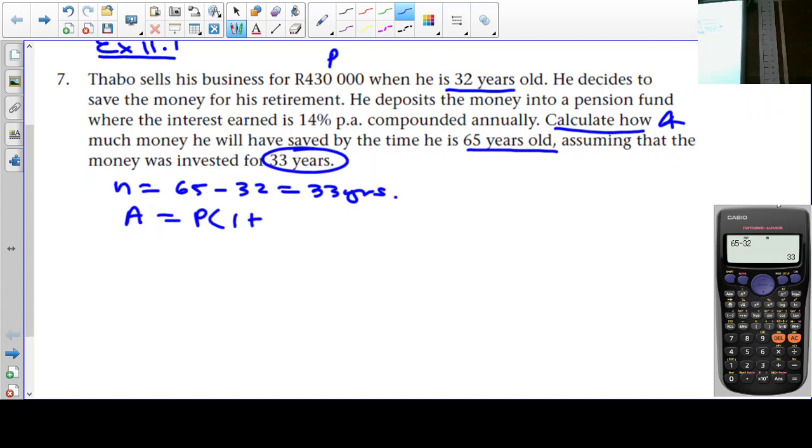Compound formula. How do we know it's compound? Because the interest rate is 14% per annum compounded annually. So it's I to the exponent n. So your P value is 430,000 into 1 plus your interest rate 0.14, to the exponent 33.